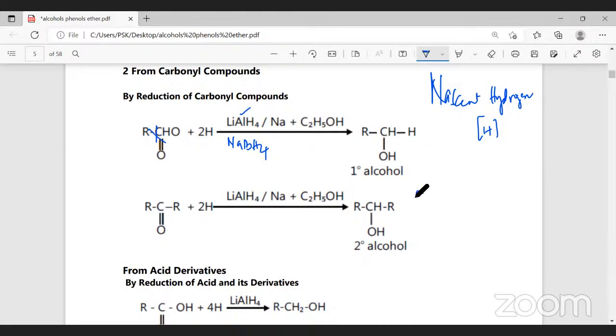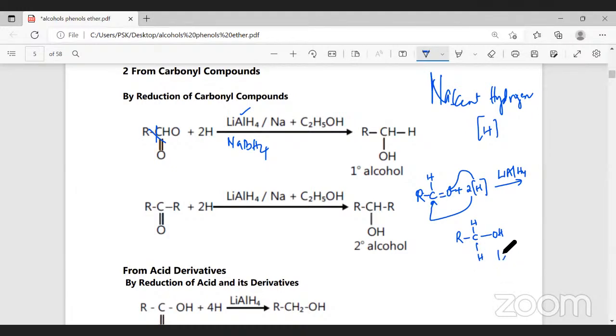Aldehyde is represented as RCH double bond O. When this aldehyde is reduced using lithium aluminum hydride or other reducing agents, one hydrogen attacks oxygen, the other hydrogen attacks this carbon. So what we get is RCH2OH.